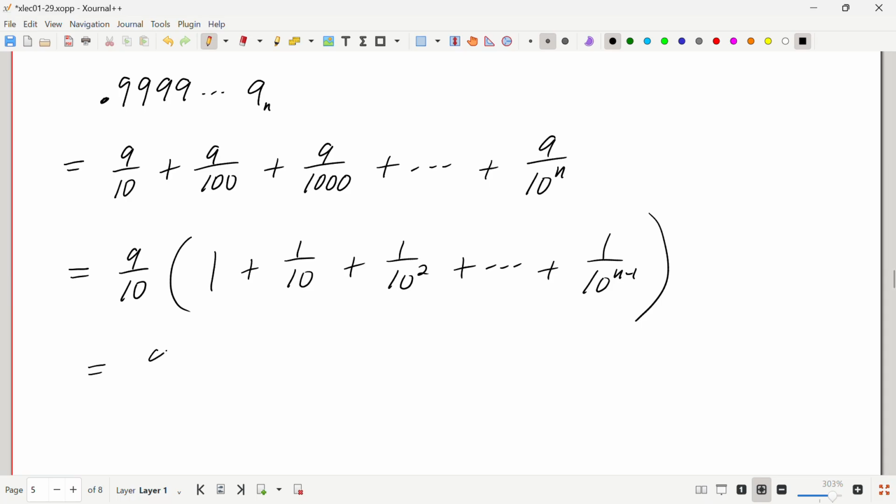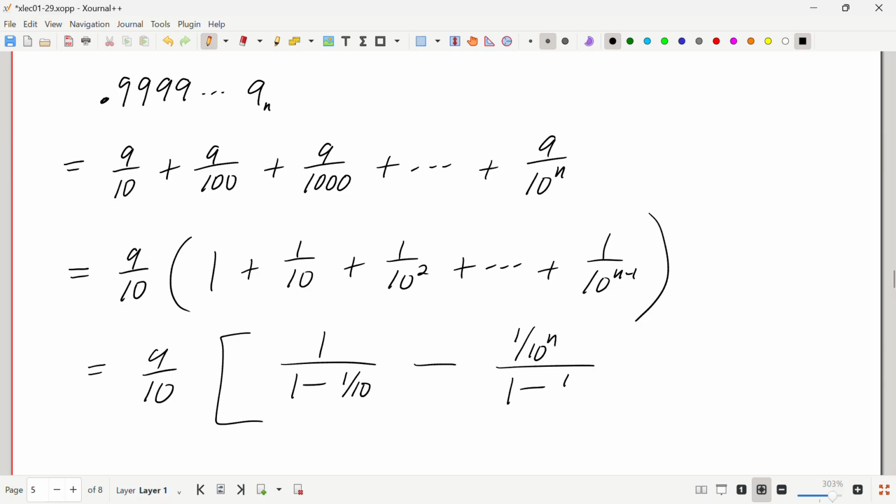Okay, now I'm going to use the sum of a geometric series. This geometric series is 1 over 1 minus 1/10, minus the n-th power of 1/10, so that would be 1 over 10 to the n, over 1 minus 1/10.